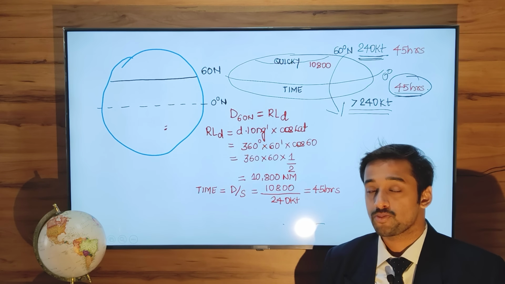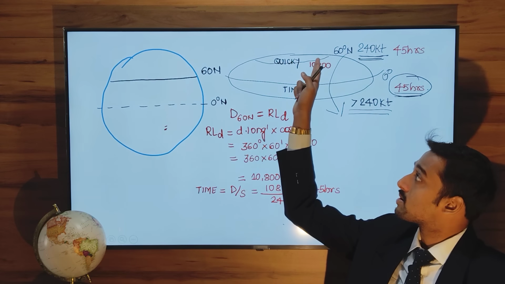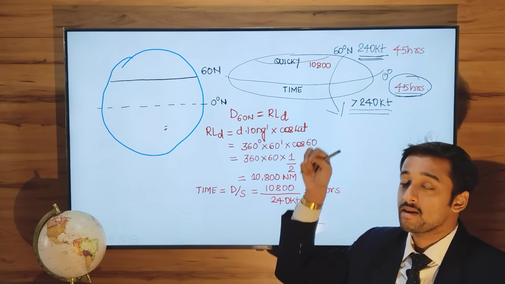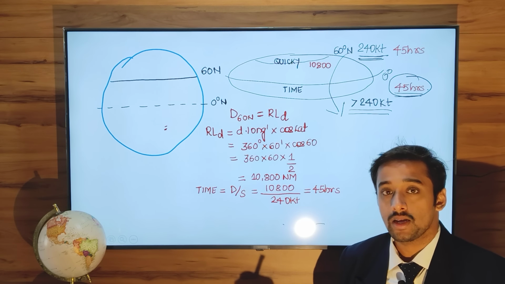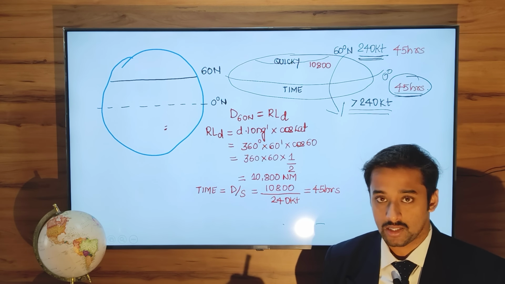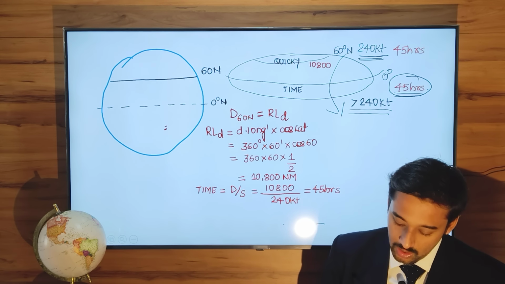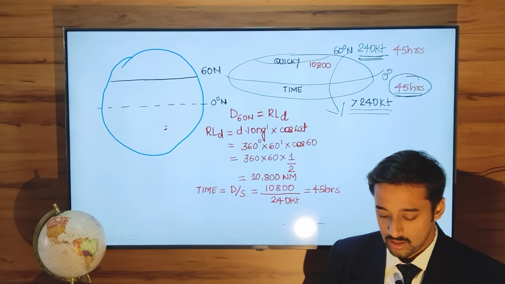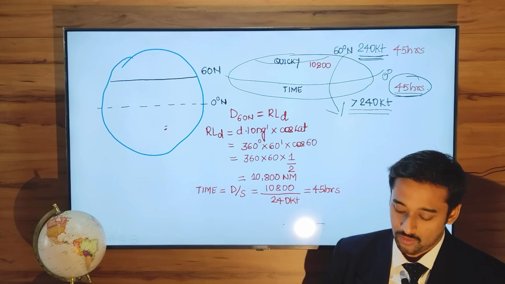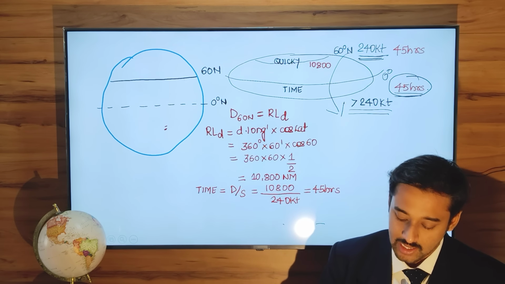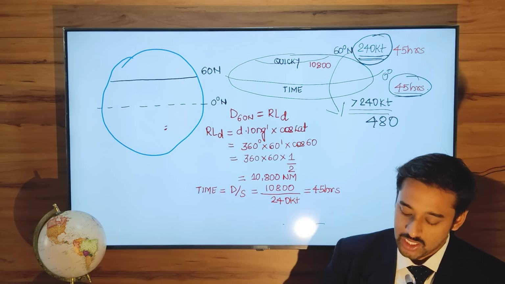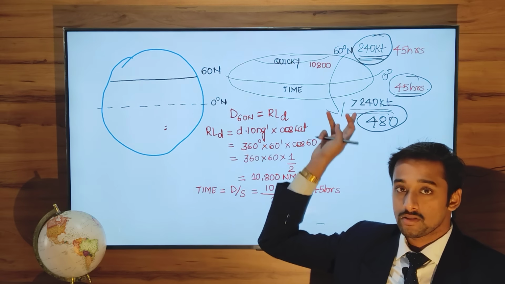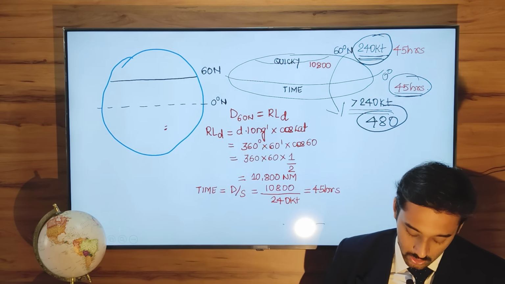Speed at 60-degree north was 240, and at the equator it is more than that, because of the shape of the earth you have to cover much more distance. Approximately twice. 240 knots was required at 60-degree north, at the equator you required 480, which is twice of that. So we have to fly at twice the speed.